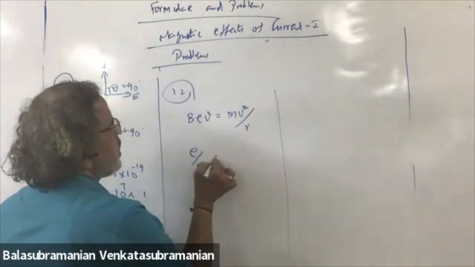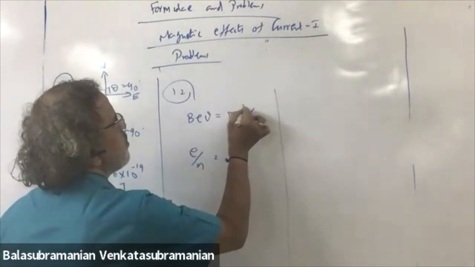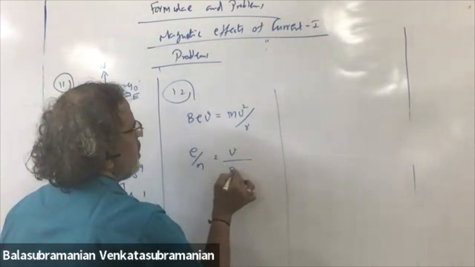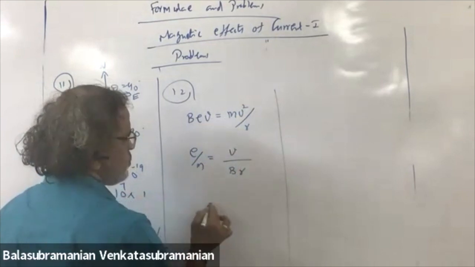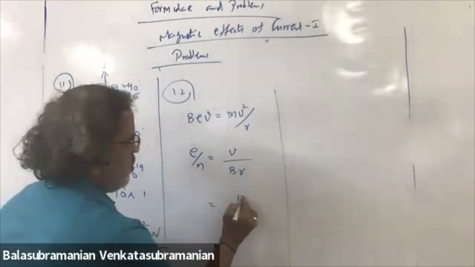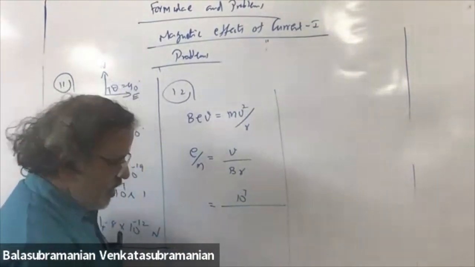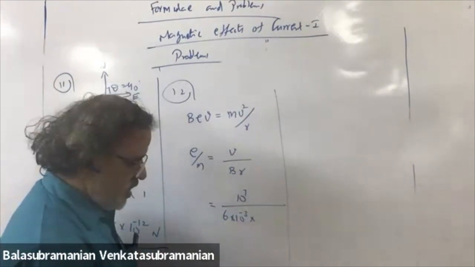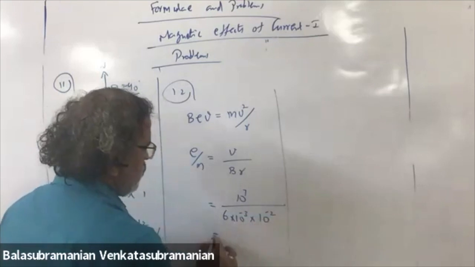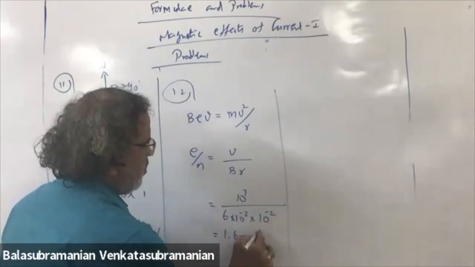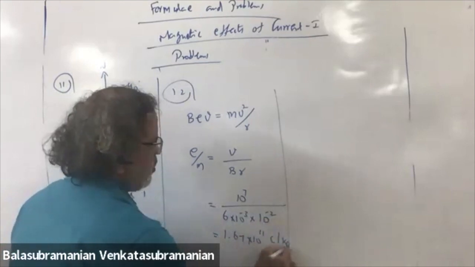We have to calculate e by m. One v gets cancelled, so v by Br. Velocity is 10 power 7, magnetic field is 10 power minus 2 and radius 6 into 10 power minus 3. Rearrange, you get 1.67 into 10 power 11 coulombs per kilogram.